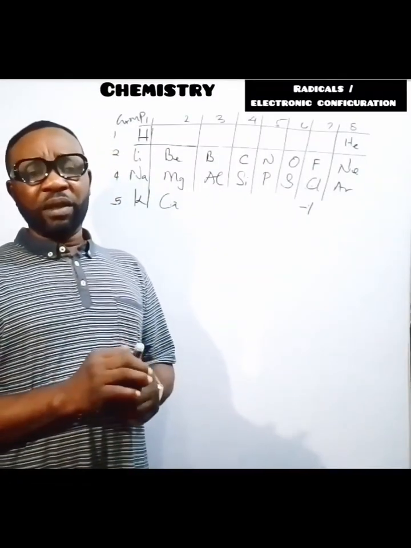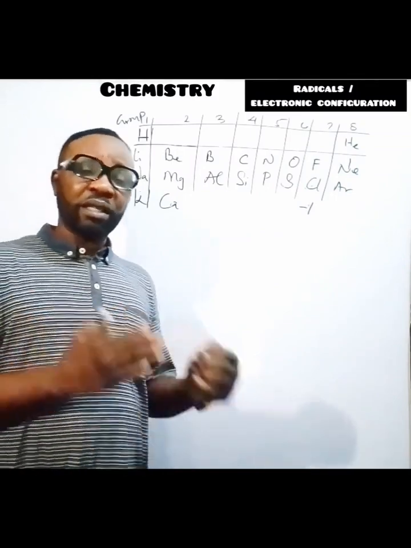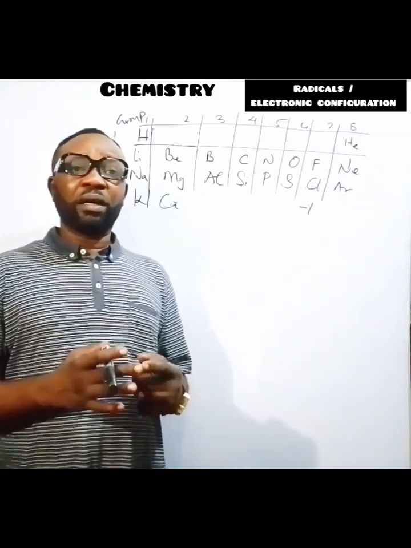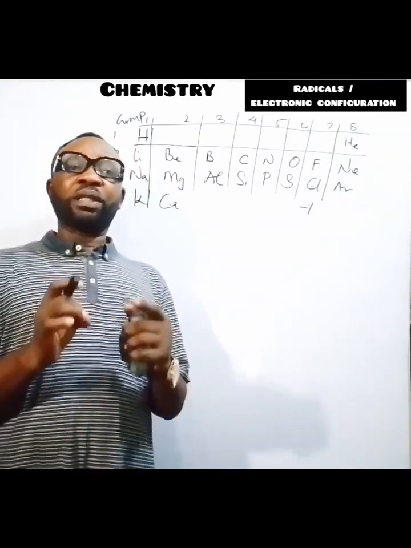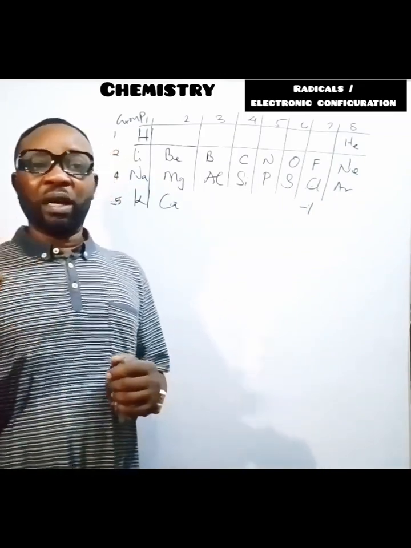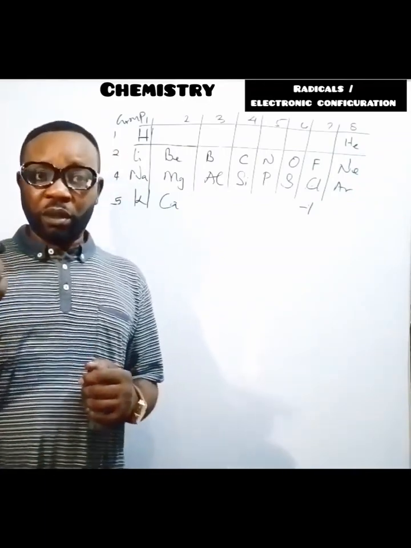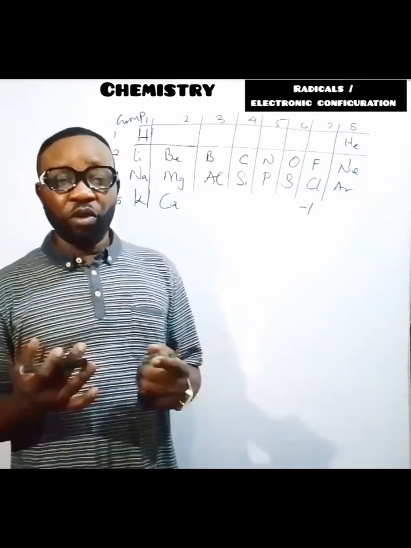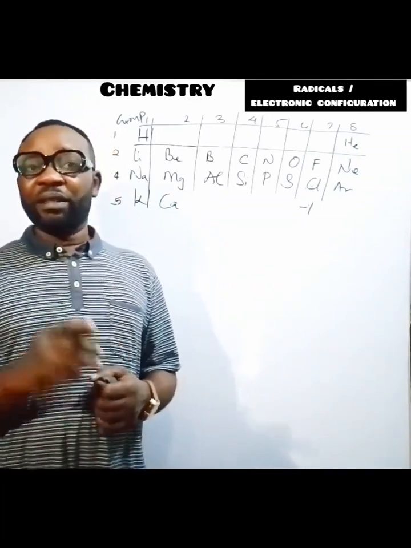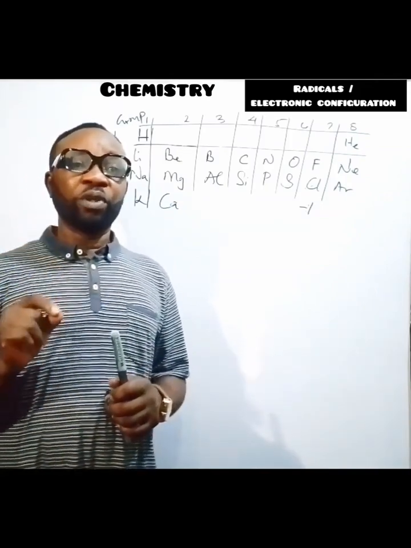Now, radicals can be either an acidic radical or a basic radical. Acidic radicals are formed when a particular number of hydrogen is removed from a particular acid, and the remaining atoms that are combined together form what is called a radical. The charge on them will be the number of hydrogen that has been removed from them.